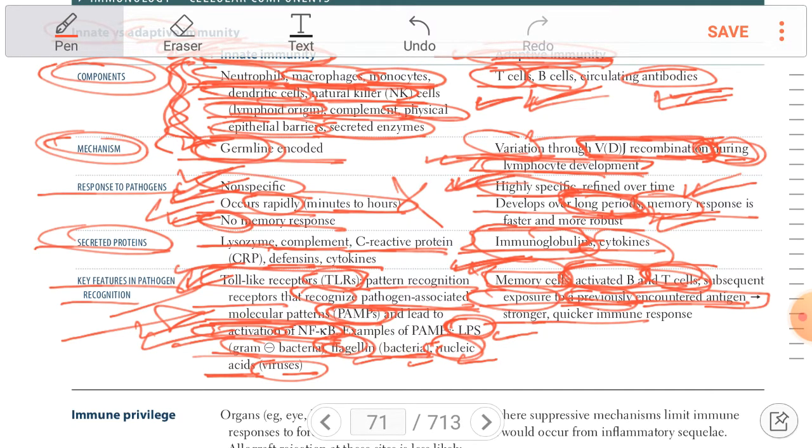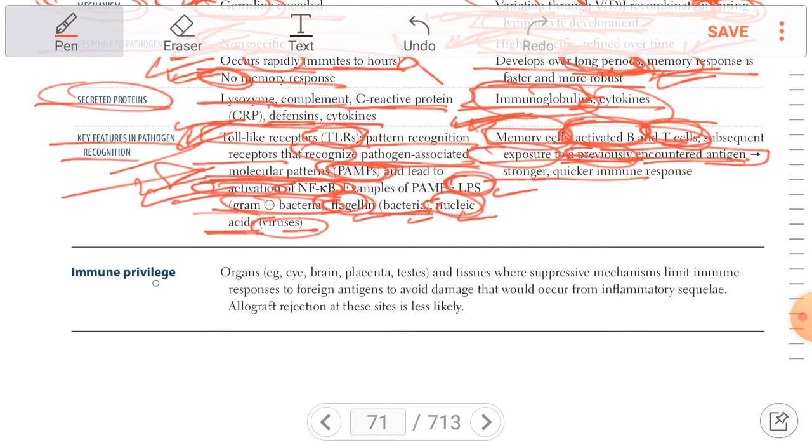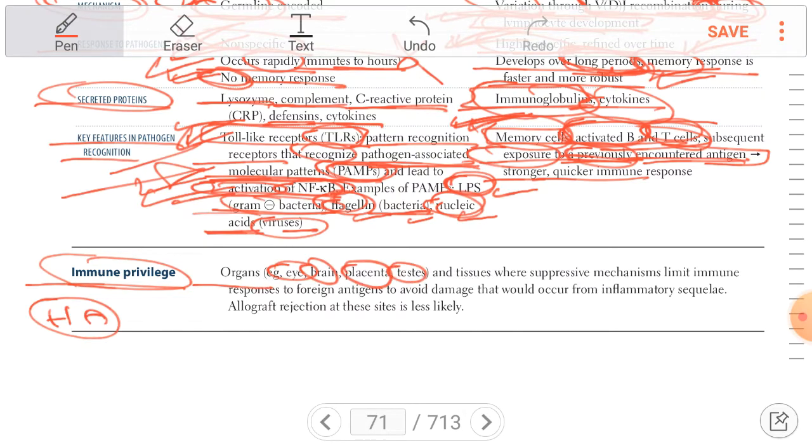Then the next one, immune privilege, also called hidden antigen. So what is meant by immune privilege? Immune privileged organs like the eye, brain, placenta, testes, and other tissues. There is a suppressive mechanism that suppresses immunity against these organs.